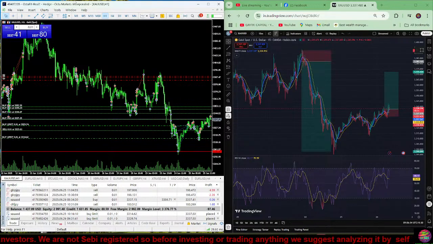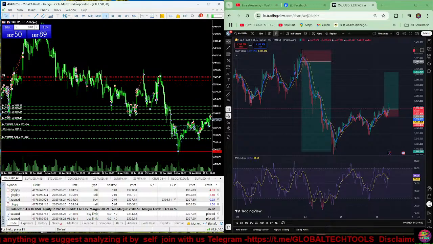So if we were to come back into this point, this is a valid area of interest. Same thing if we were to come here as resistance, this would be a valid area of interest because we have more than 3 touches from this level of resistance, which would be qualified as our area of interest. So an area of interest has to have more than 3 touches to be a valid area of interest.